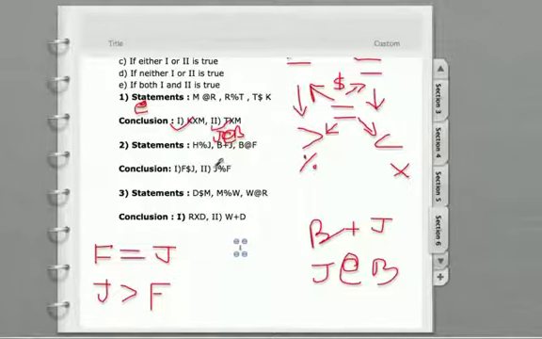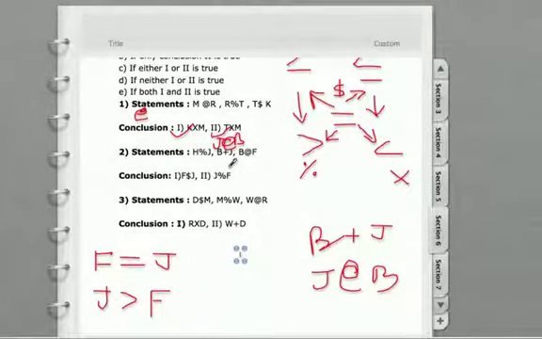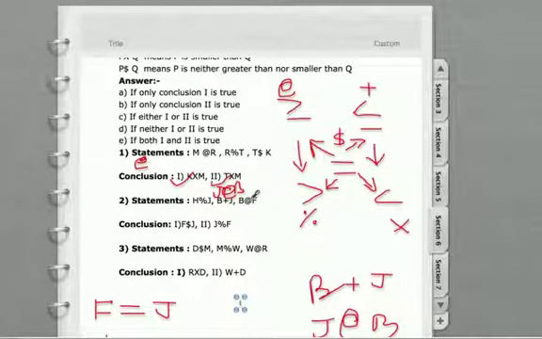There is no other variable, F to J and J to F. F to J we got plus, and J to F we got multiply.